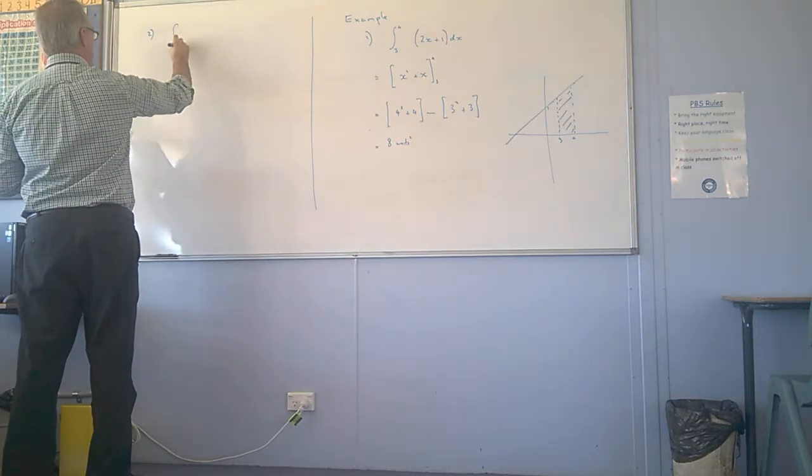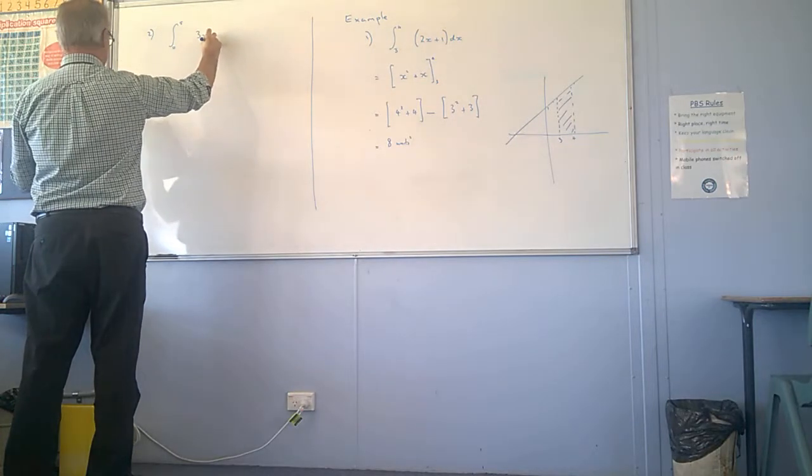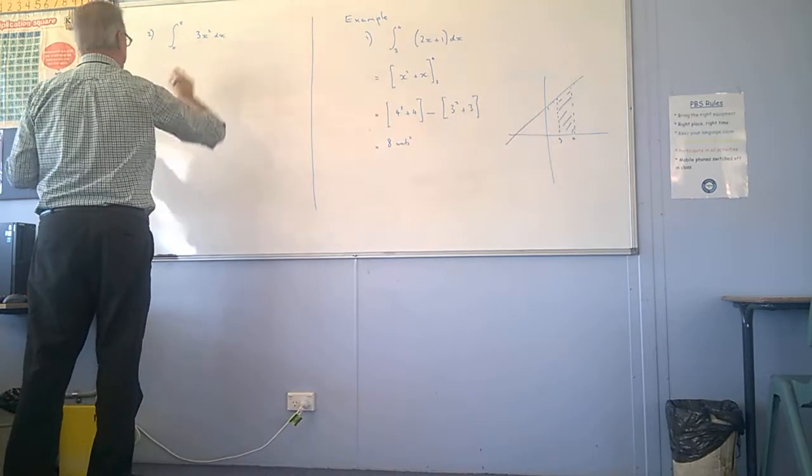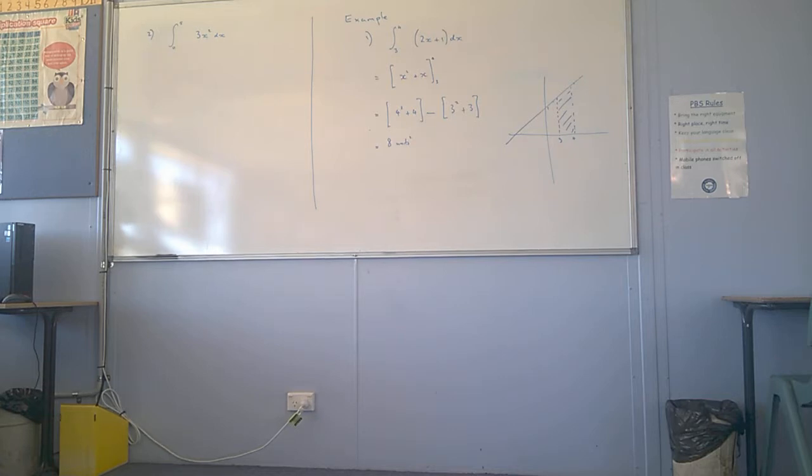The integral from 0 to 5 of 3x squared dx. Alright, so think about 3x squared as being a derivative. What would the original function be? X cubed. Well done.